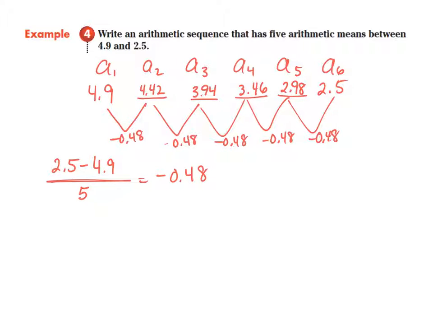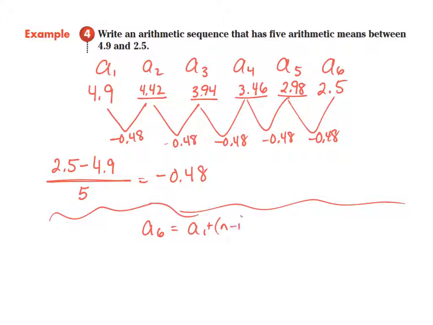Okay. So now I can look at this and I can say I have my A6, and that's equal to 2.5. If I want to rewrite it, A6 is equal to A1 plus n minus 1 times d.